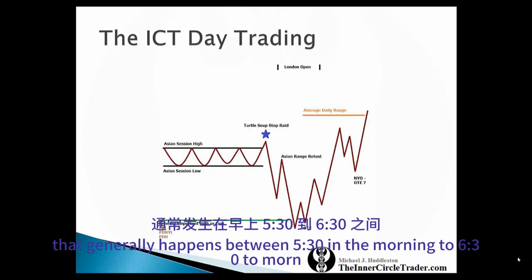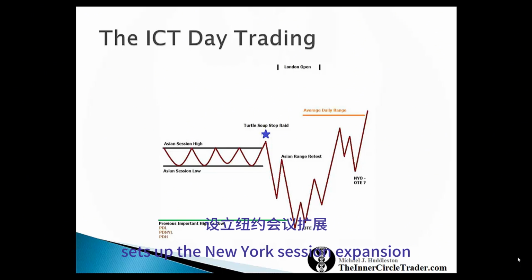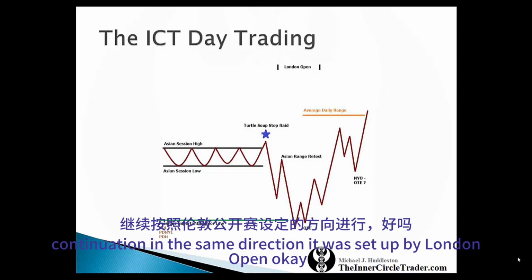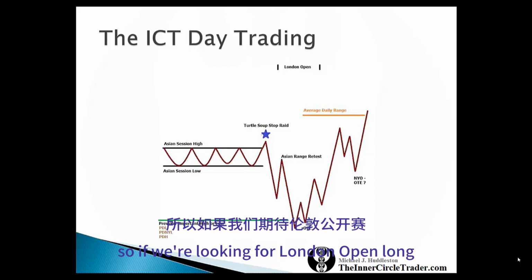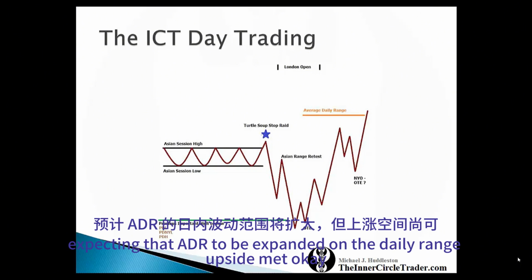Okay, and that generally happens between 5:30 in the morning to 6:30 in the morning. That retracement sets up the New York session expansion continuation in the same direction it was set up by London Open. So if we're looking for London Open long, we're going to be looking for a continuation on the New York session. Again, expecting that ADR to be expanded on the daily range, upside met.